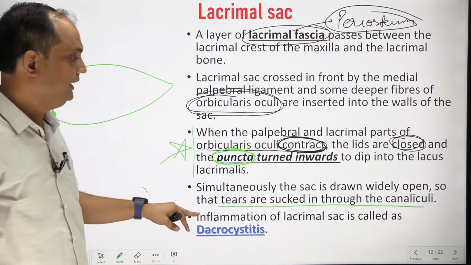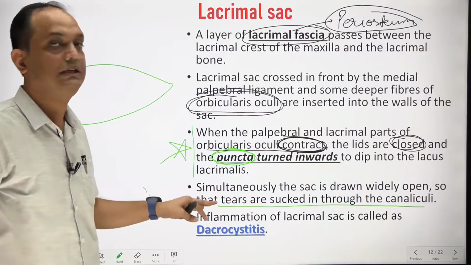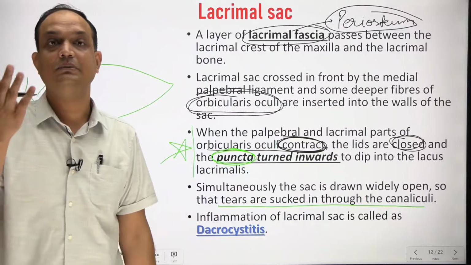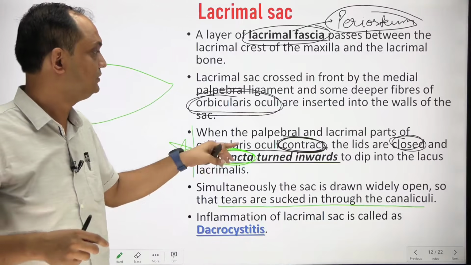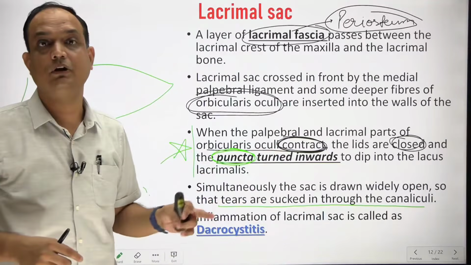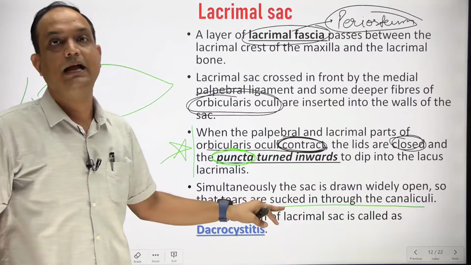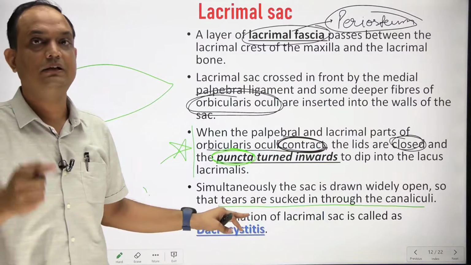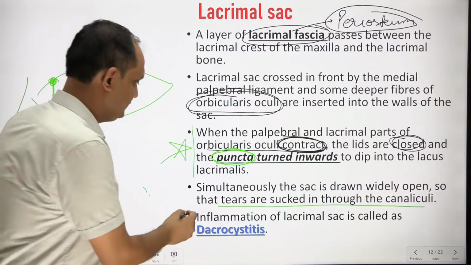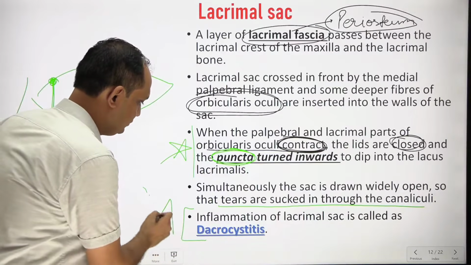That vacuum is created inside the lacrimal sac because of the contraction of the fibers of Orbicularis Oculi. Those will dilate this sac and create the suction inside the sac. The inflammation of the lacrimal sac is known as dacryocystitis.